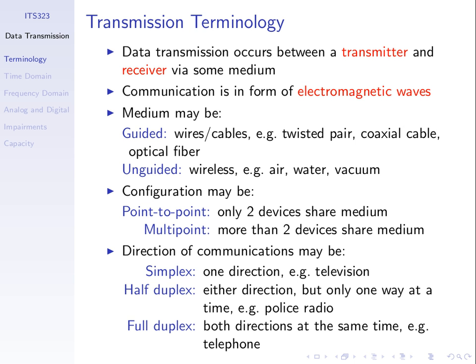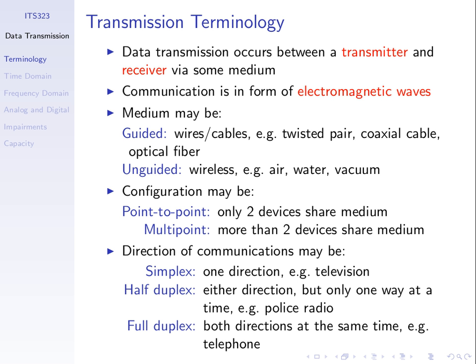We have a transmitter, sometimes abbreviated as TX. And we have a receiver, RX, and they transmit some signal representing data from transmitter to receiver, maybe via some medium, say a cable. What is transmitted along here? That's what we're going to focus on.